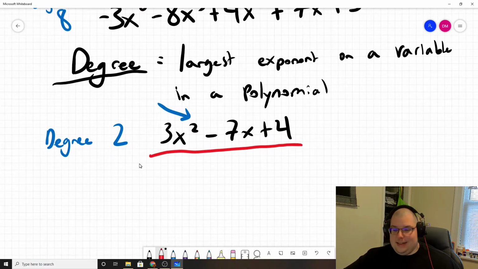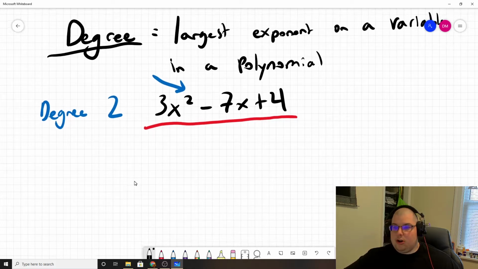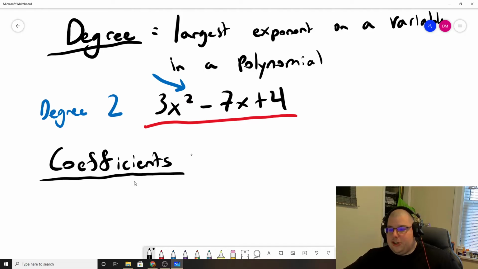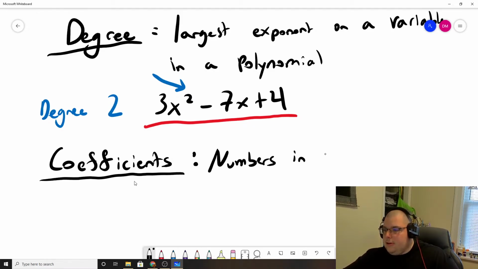The next thing we're going to talk about today are what are called coefficients. And coefficients are the numbers in front of variables.